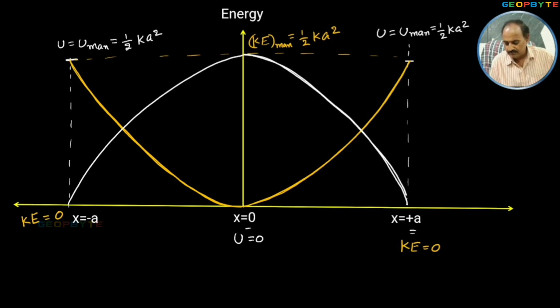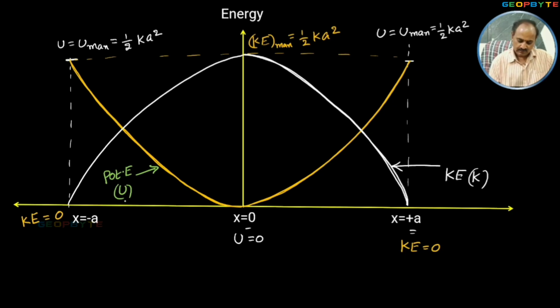That is how the kinetic energy is changing. So this graph is for kinetic energy, marked with K. This graph is for potential energy, marked with U.